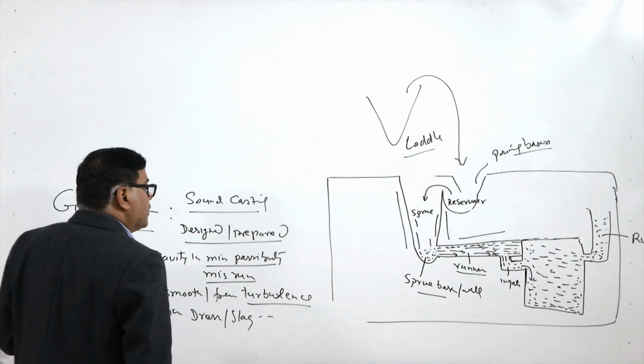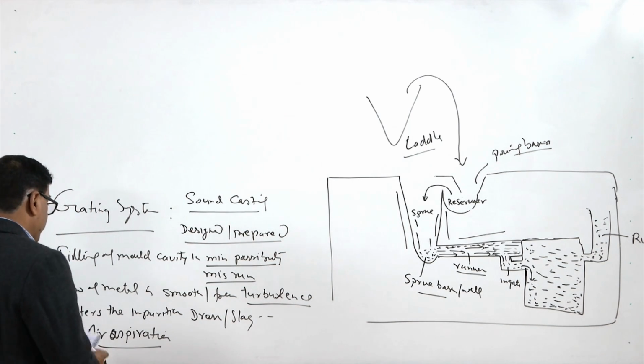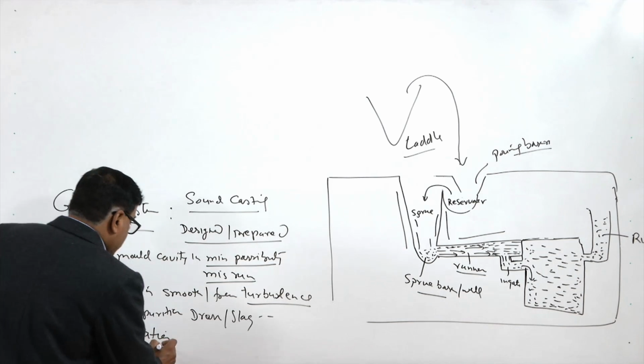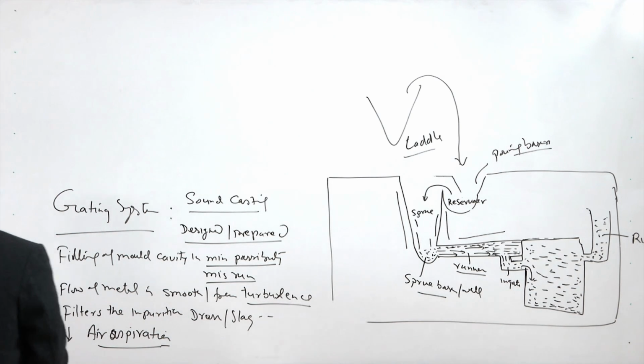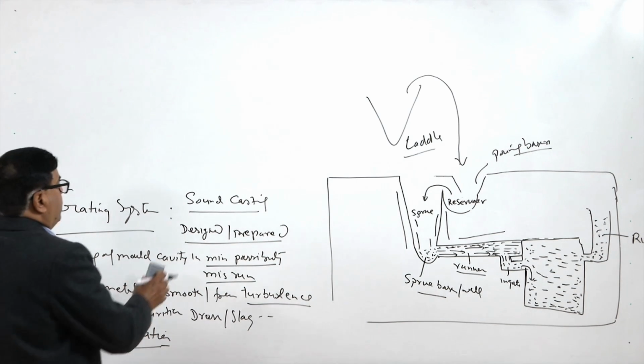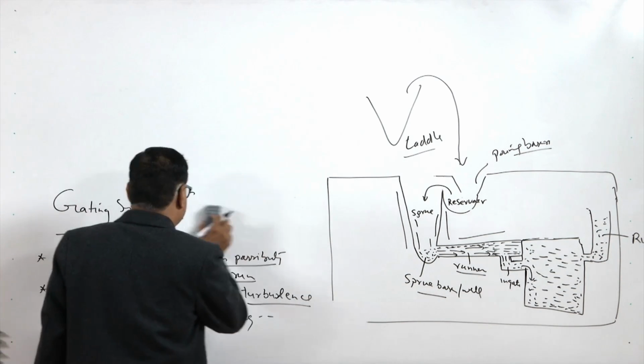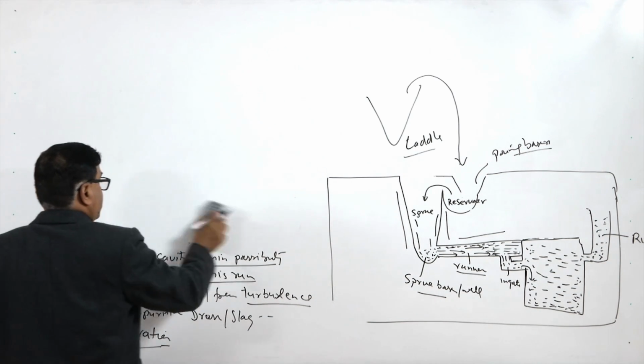Therefore, the design of the runner and the sprue should be such that air aspiration is reduced, otherwise this will lead to a number of gaseous defects in the casting.